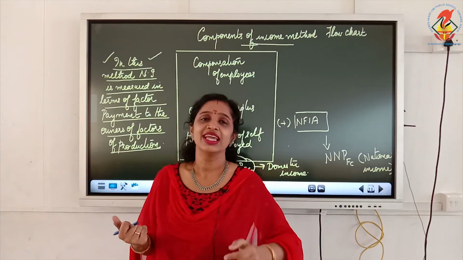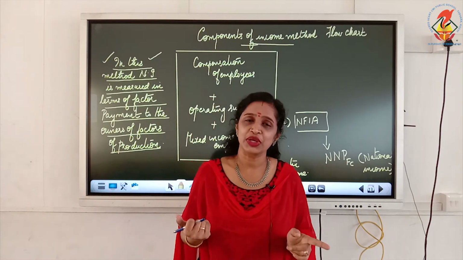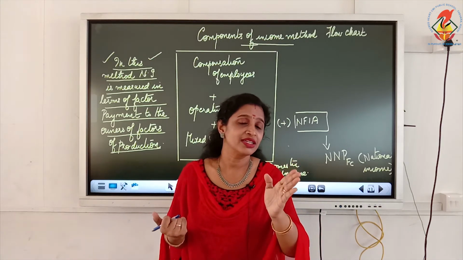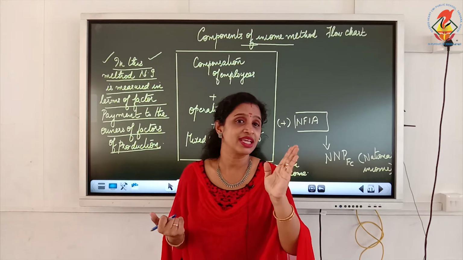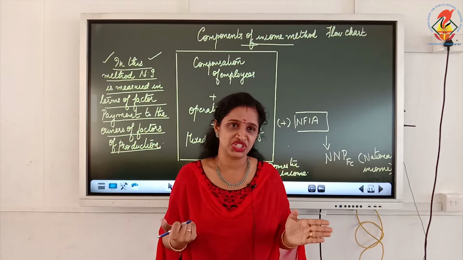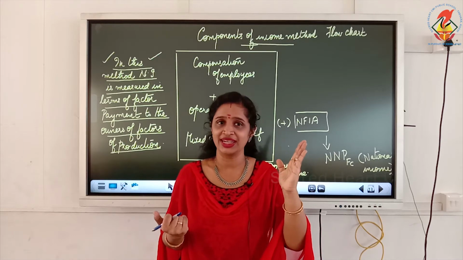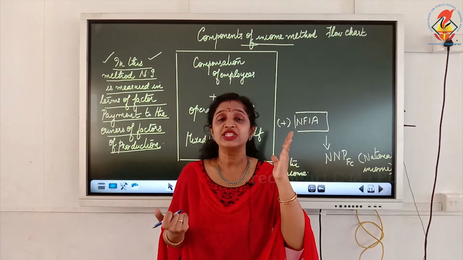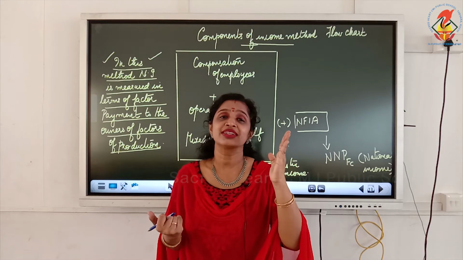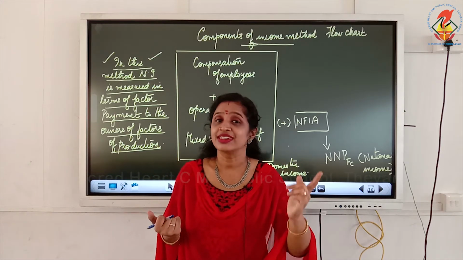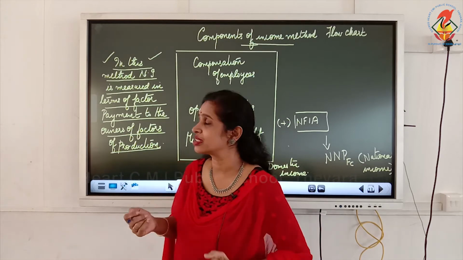So here in the income method we are calculating national income by giving importance to factor income such as land, labor, capital and organization. So once again in the income method we calculate national income by taking into consideration the factor income such as rent, wages, interest and profit. That is what is written here.